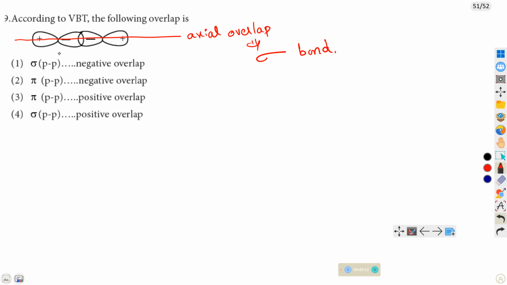This is also dumbbell. So this is considered as p orbital. This is also considered as p orbital. Sigma pp positive. Sigma pp negative overlap. Minus minus signs overlapping takes place. Negative overlap.